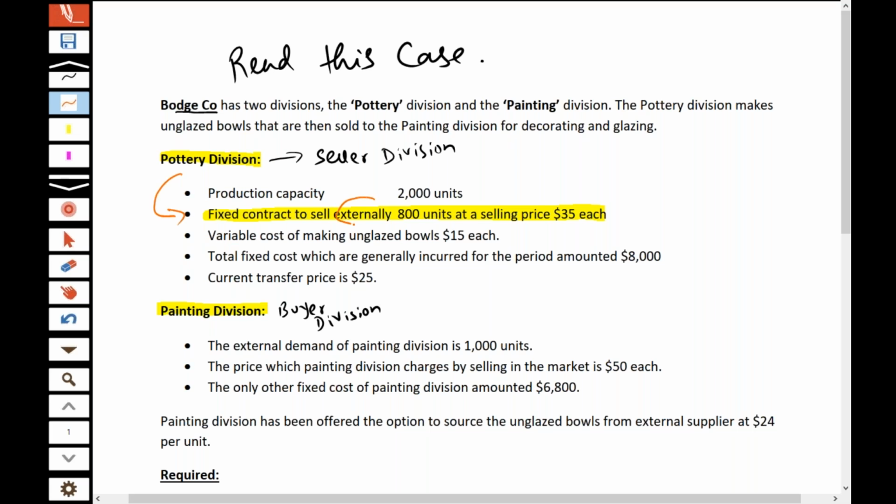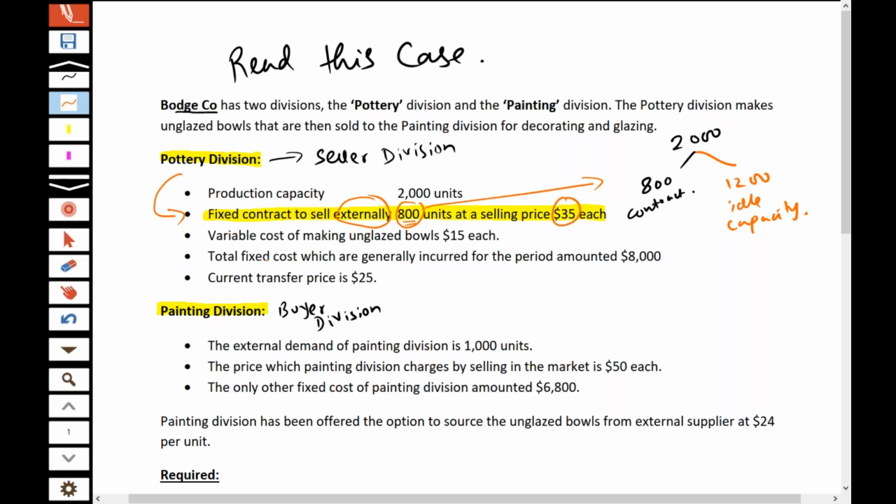This is the external contract according to which 800 units must be supplied at $35 each, which means of the 2000 units, 800 is the contract, and then 1200 is the idle capacity.